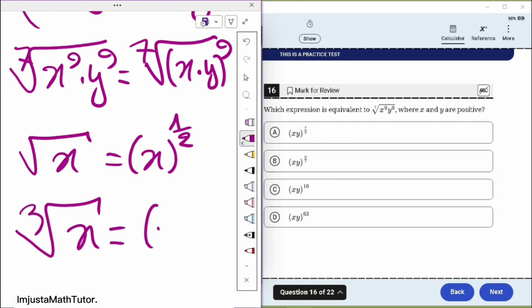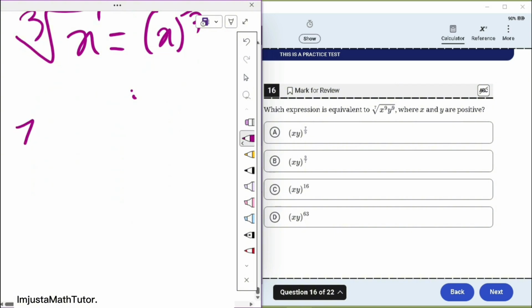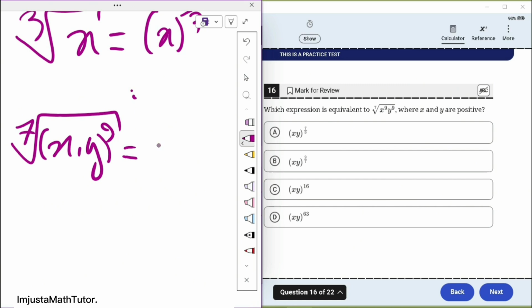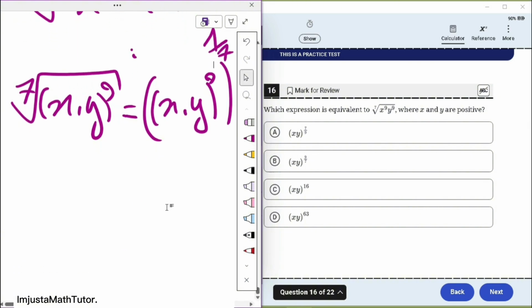The cubic root of x is going to equal x to the power of 1 divided by 3, and so on. So here we have the 7th root of x times y to the power of 9, which equals x times y to the power of 9, all of this to the power of 1 divided by 7.